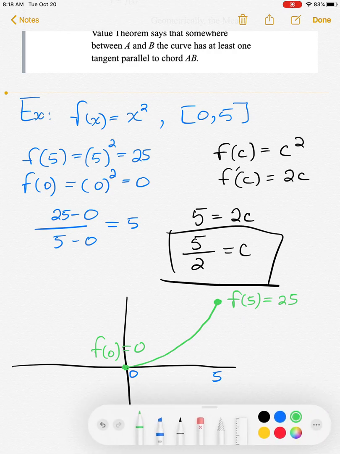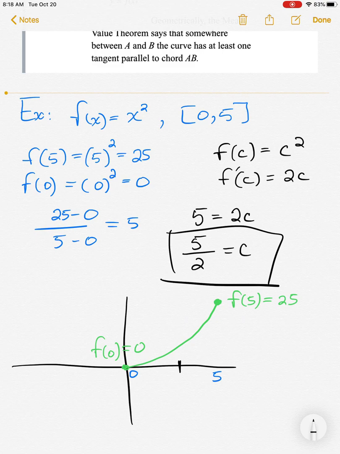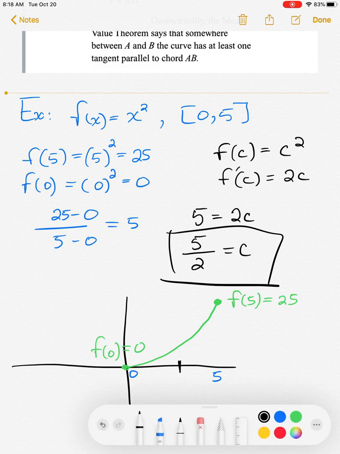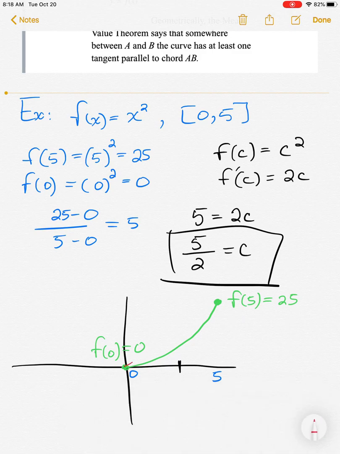And it says here that the c is parallel to the tangent, that produces the tangent that's parallel to this chord AB here.